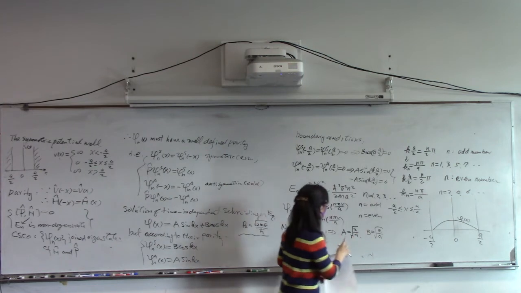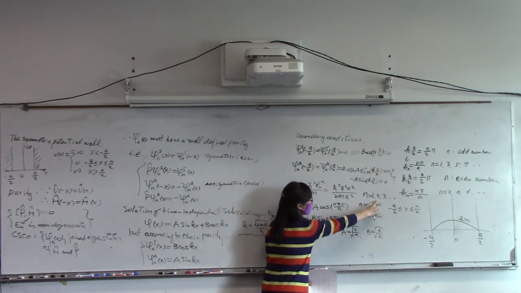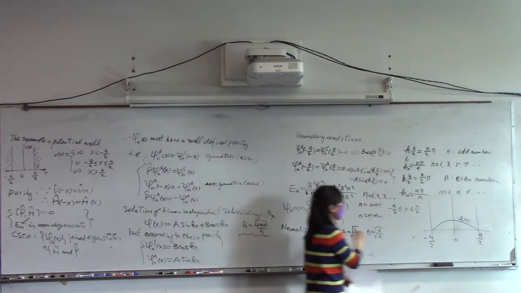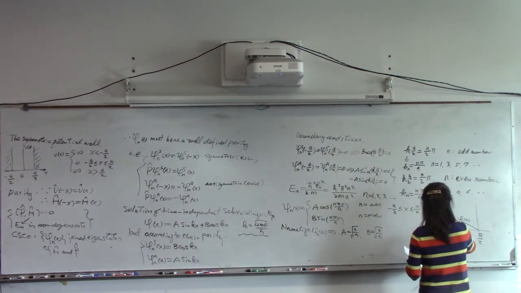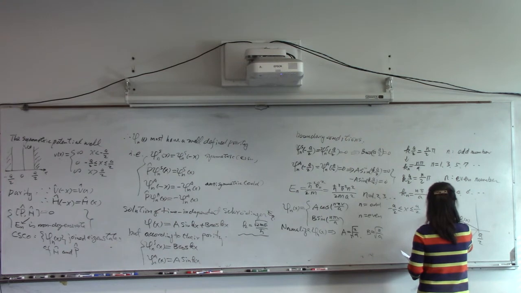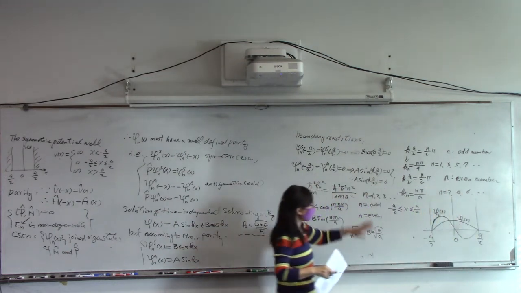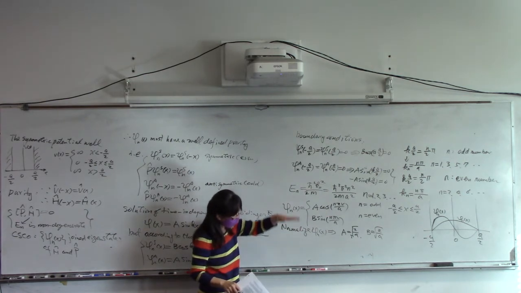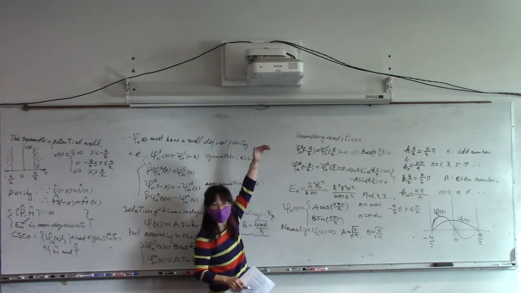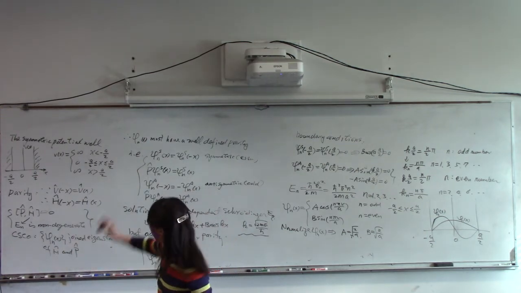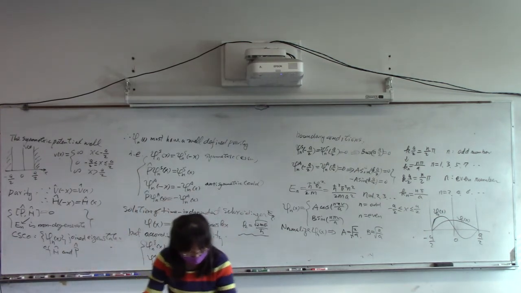Then when n equal to 2, the first excited state, n is even, so that is this function. Then go to 5. So you can see the symmetric and antisymmetric states alternate: symmetric, antisymmetric, symmetric, antisymmetric with increasing energy level. This is the property of the potential well, which is symmetric.